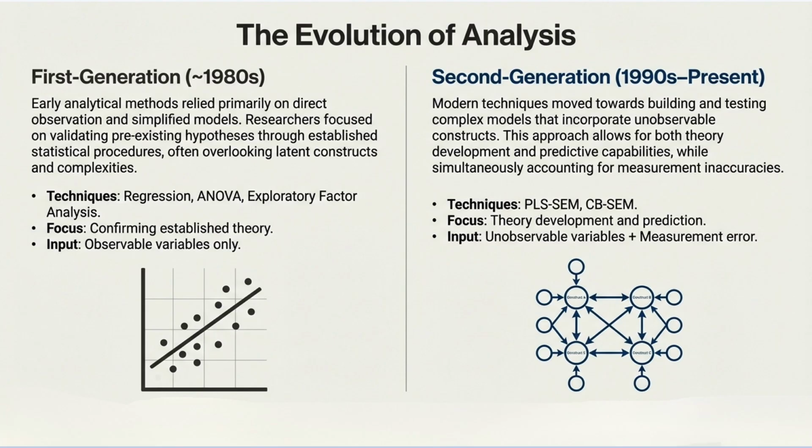These methods allow researchers to build complex models, work with latent variables, consider measurement errors, and focus on theory development and prediction. Instead of studying one relationship at a time, second generation methods analyze many relationships together in a single integrated model.